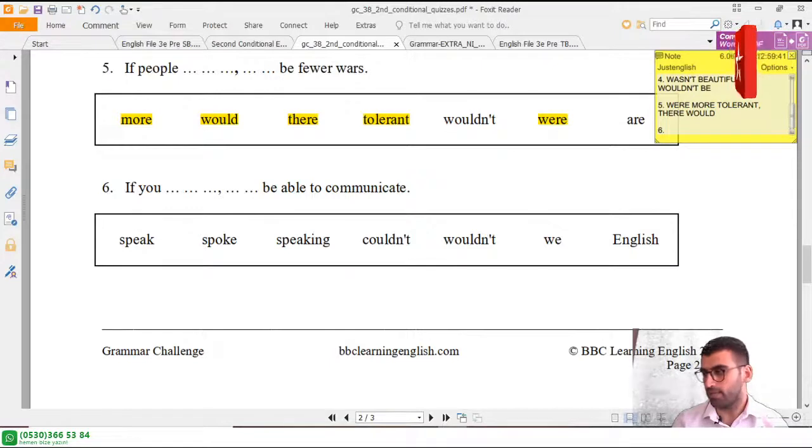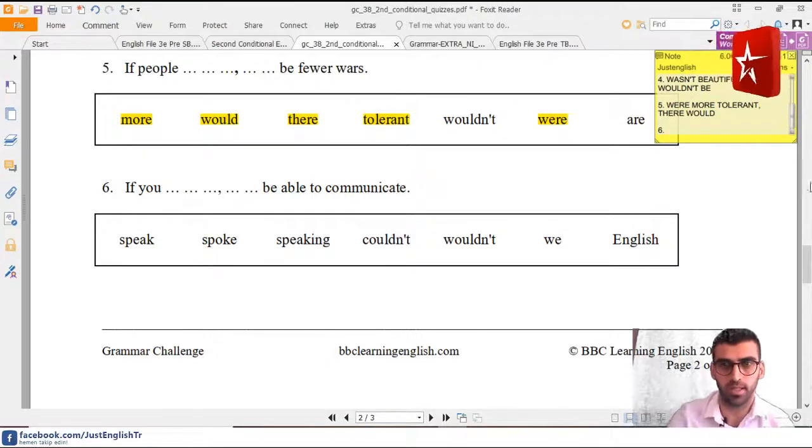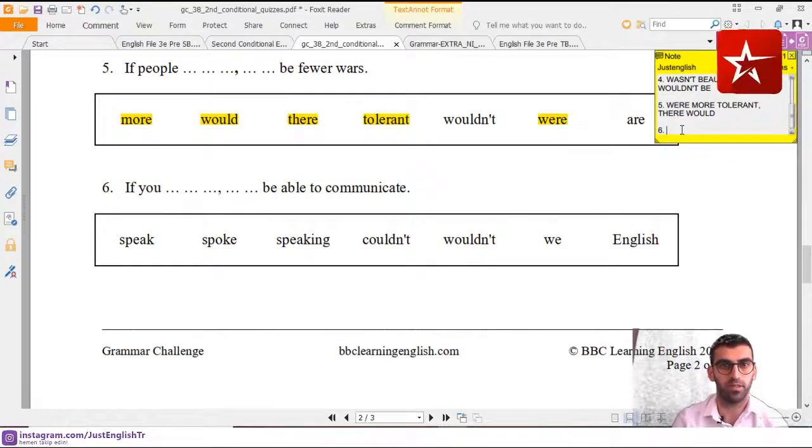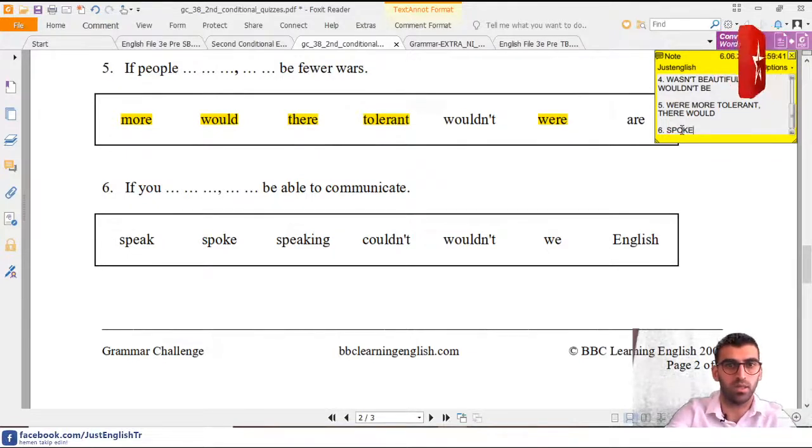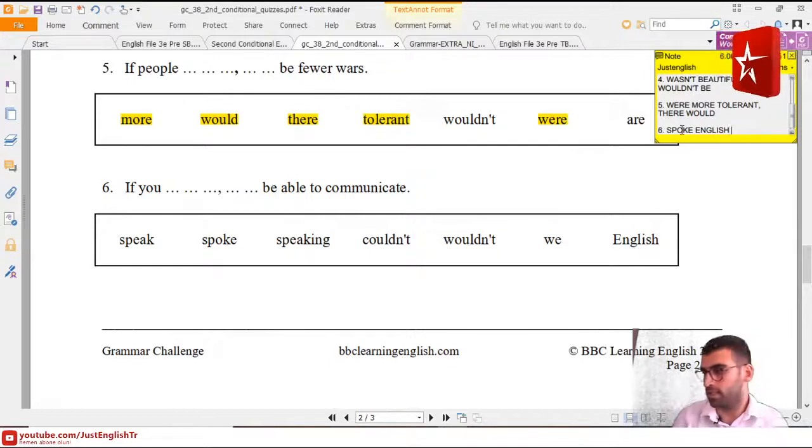How can we make it? So number 6, and we have to use if you, and we have to use a past simple form of the verb. If you spoke, yes, not speak. We have to write spoke. If you spoke English, yes, and we have to add an object. If you spoke English.